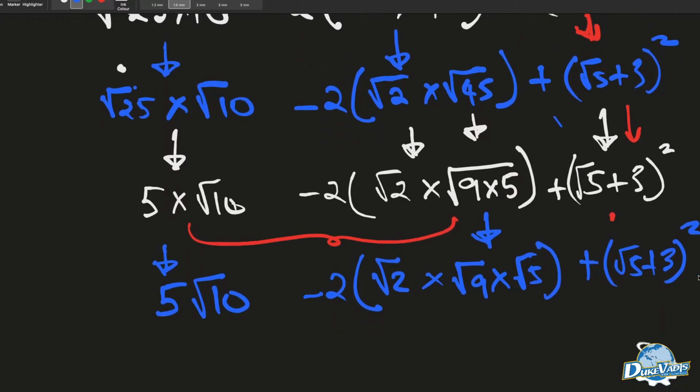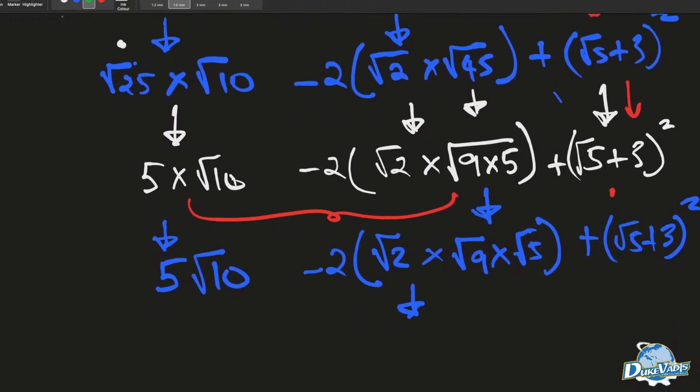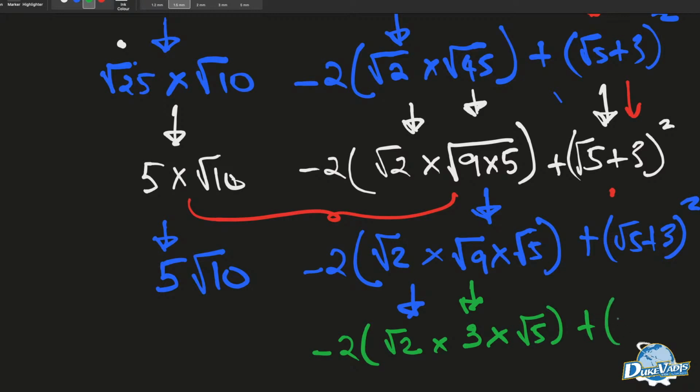Now when I look at it, I can see that here I can break something down. I still have my minus 2 out. My surd 2 is here. And this will give me times 3 times surd of 5, plus surd of 5 plus 3 all squared.